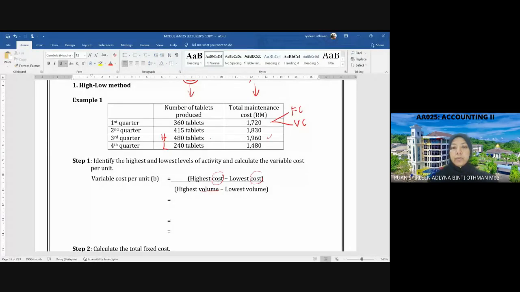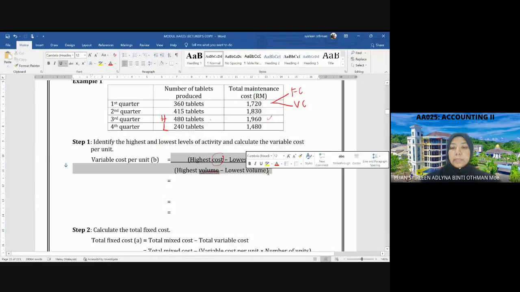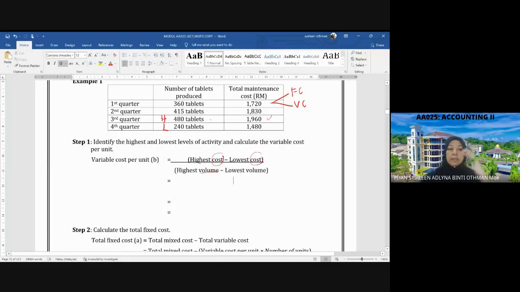And for the lowest number of tablets, which is 240 tablets, the total maintenance cost is 1,480. So I will substitute into this equation because madam wants to separate the mixed cost. When I separate the mixed cost, I will use this formula first, because when I use this formula, I will get the value of B. The value of B here is the variable cost per unit.